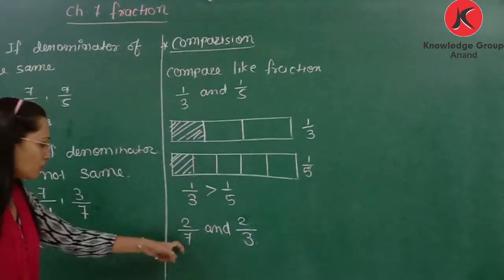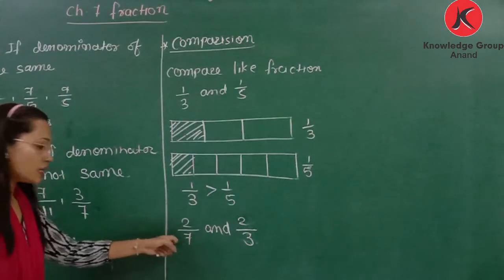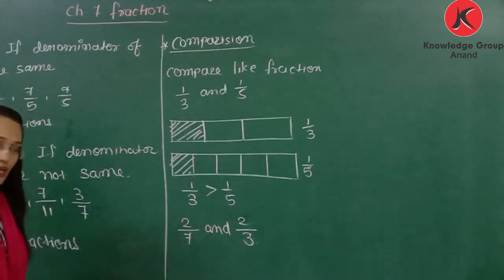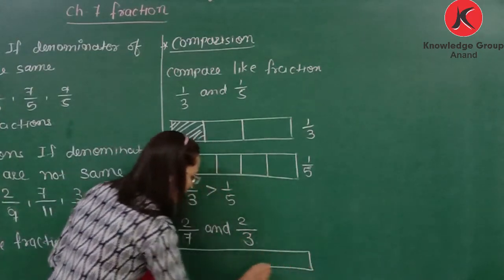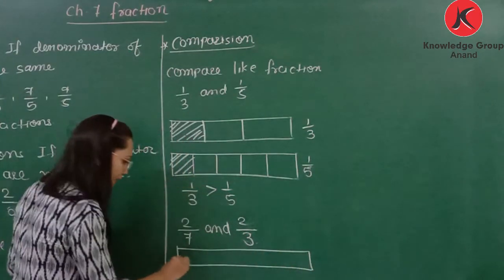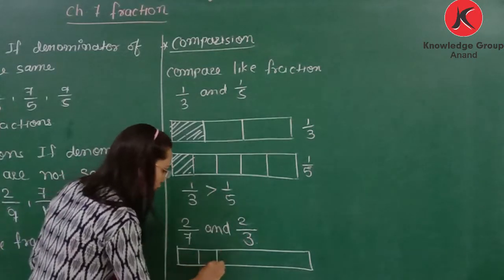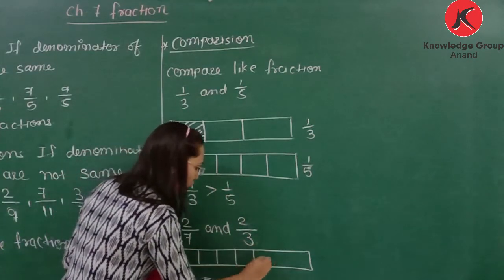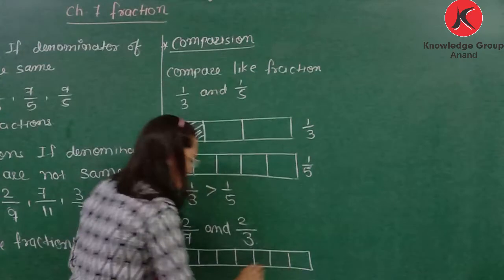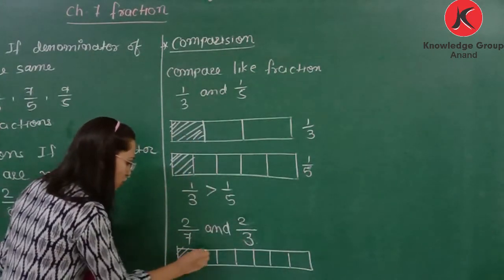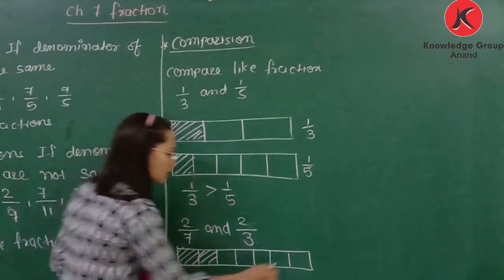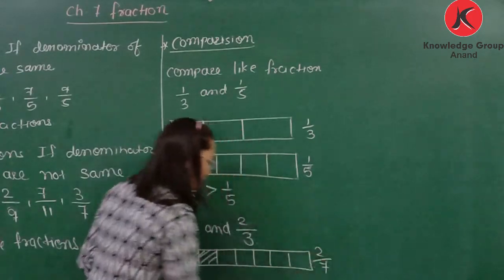Now 2 by 7 means the whole is divided into 7 parts. So let's divide. Here this is one whole, it is divided into 7 parts. 1 2 3 4 5 6 and 7, and from that 2 need to be shaded. So here we shade 2 parts. So this represents 2 by 7.